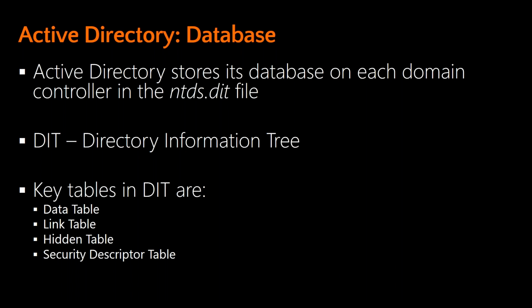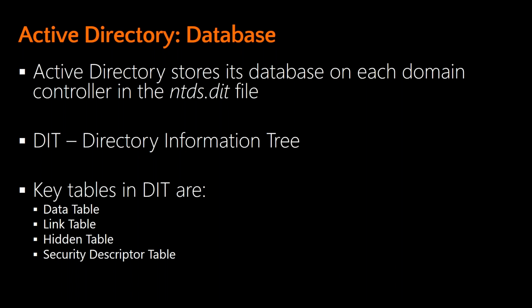Okay, so maybe let's start with hidden table, because this is how Active Directory start process looks like. The hidden table is a single row table that Active Directory is using to start up a domain controller.